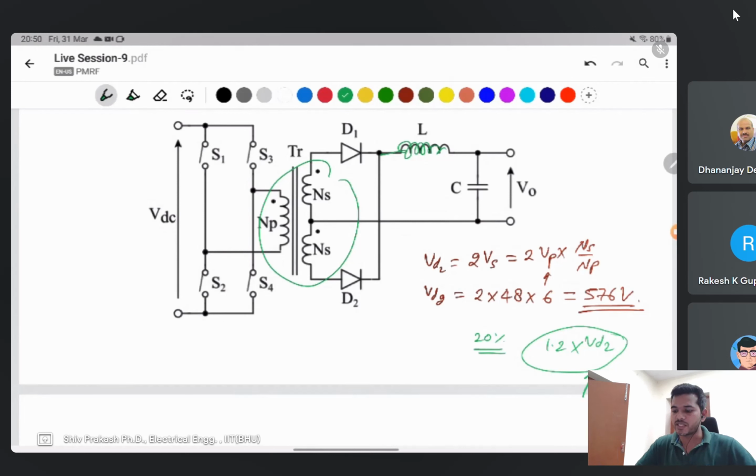If you design a practical circuit, you take 50% more, I think 150% of the peak inverse voltage. But if a proper circuit is there, then you can take 120%, 20% more than this, and that will be enough.